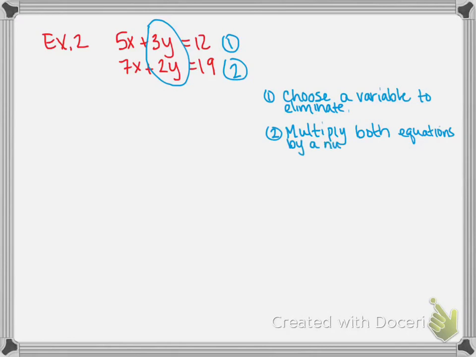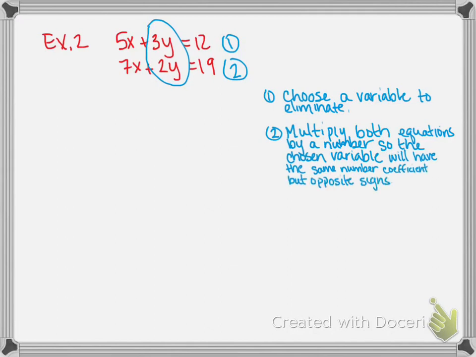Then multiply both equations by a number so the chosen variable will have the same number coefficient, but opposite signs. I want one to be positive and one to be negative. Okay, so these are my original equations. I chose y to eliminate.